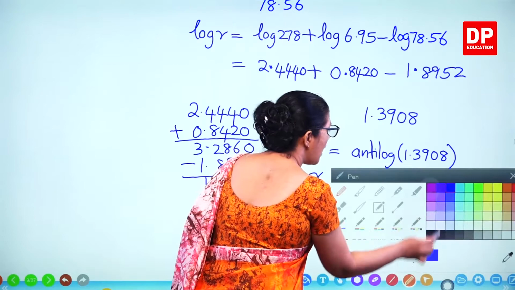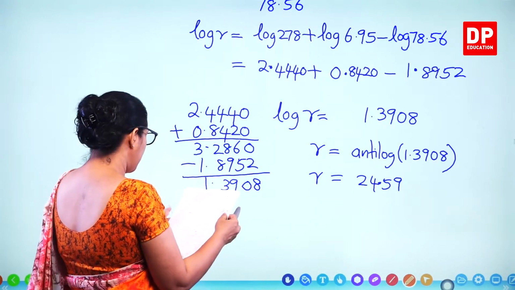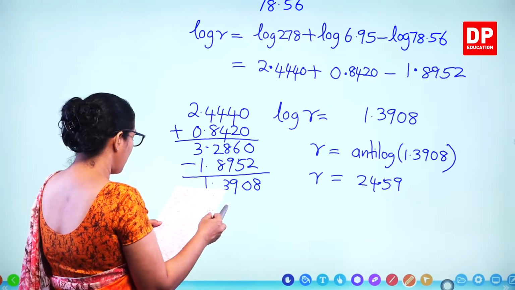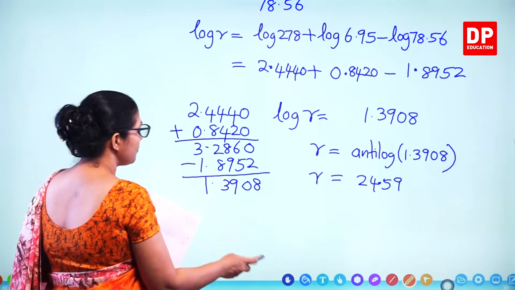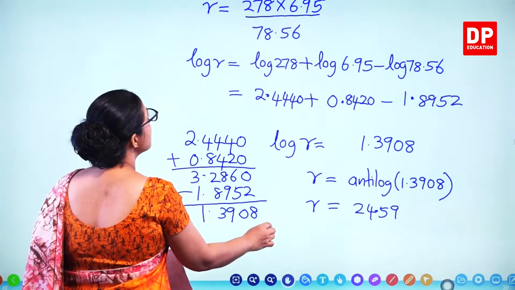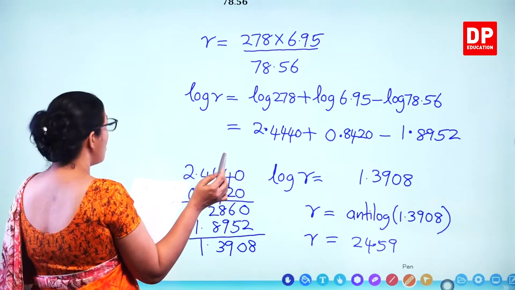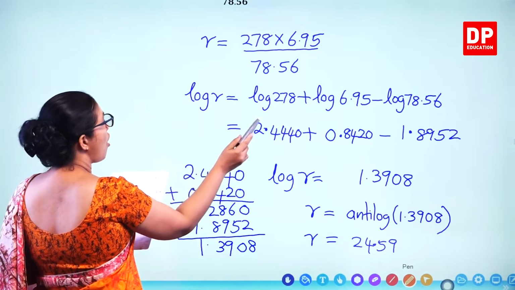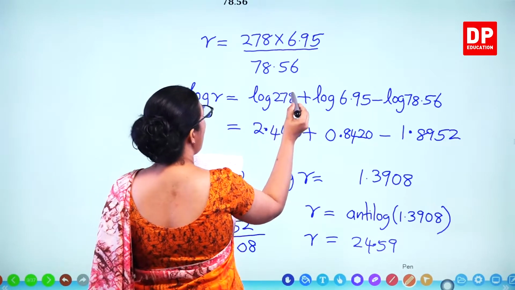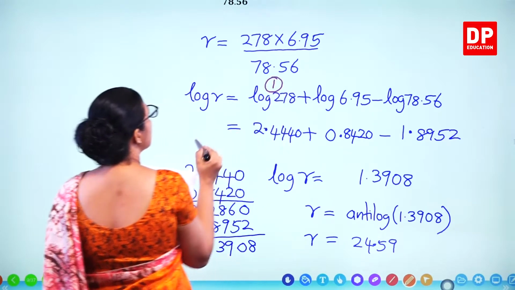So let's give marks. The whole thing, you are getting 5 marks. How do you get 5 marks? First you have to take logarithm. For that you are getting 1 mark.